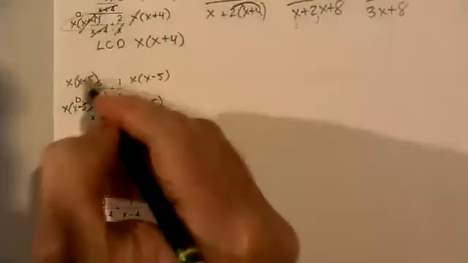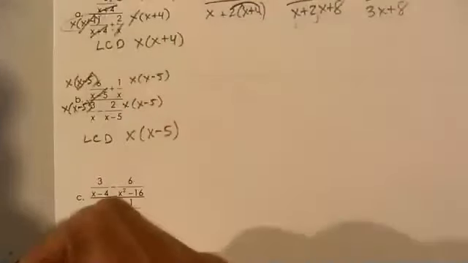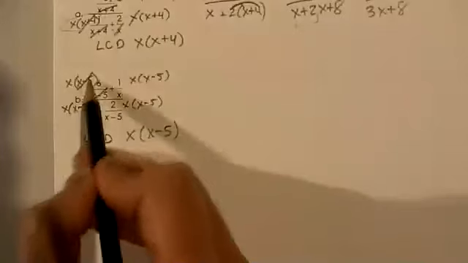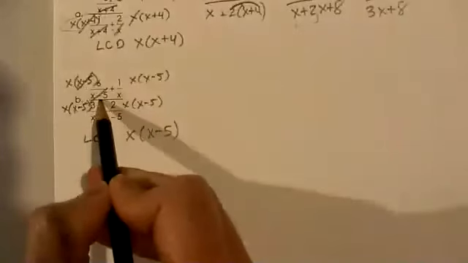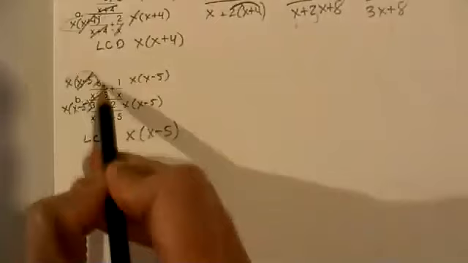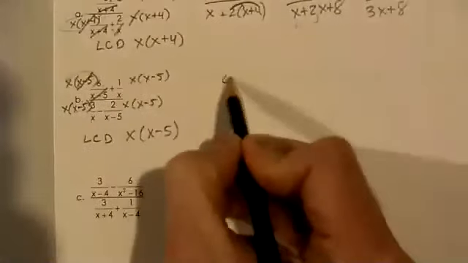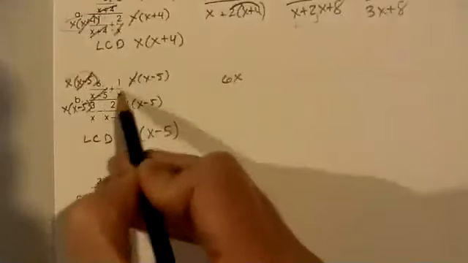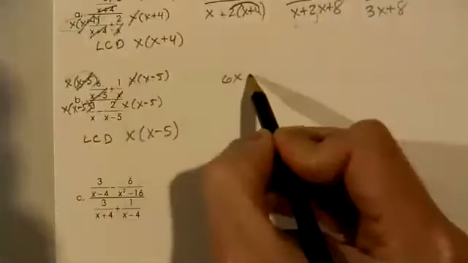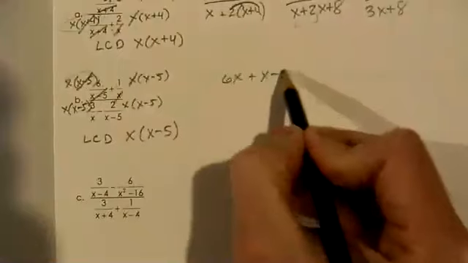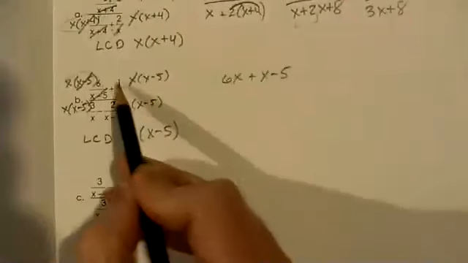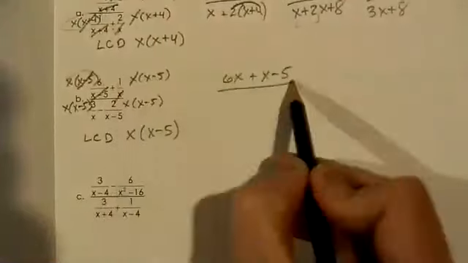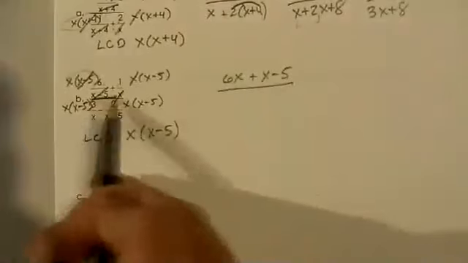So then you can start eliminating what you have. So the x minus 5 is going to cross out with its denominator, and that leaves you with the 6 times the x. The x's cross out, and you're left with an x minus a 5. Then you have your fraction bar.